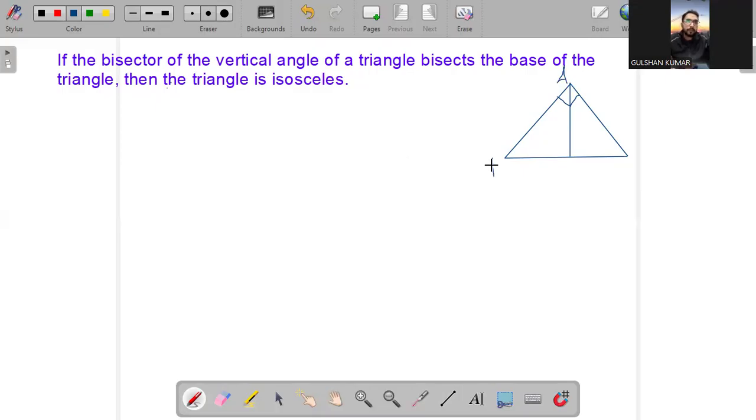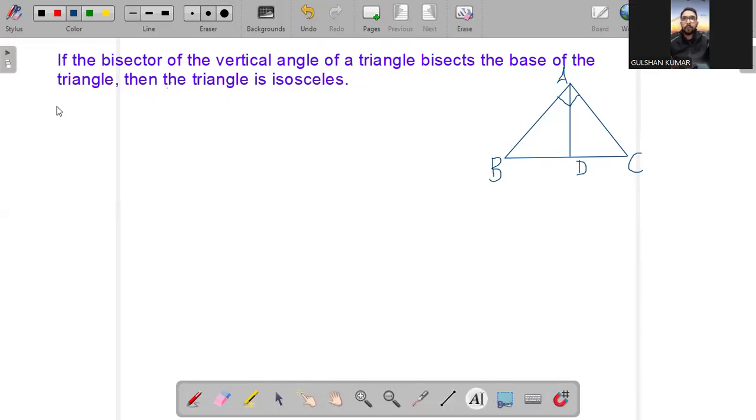This is A, B, and this one is C. So the angle A is bisected by AD.